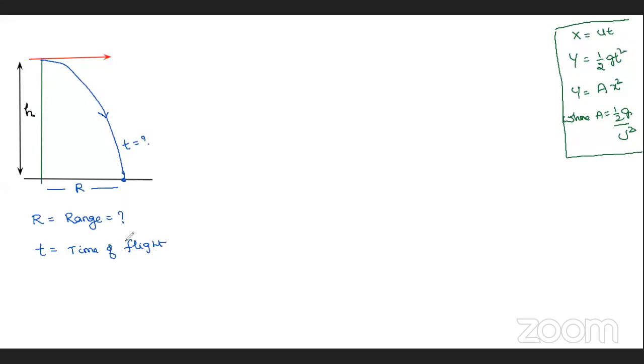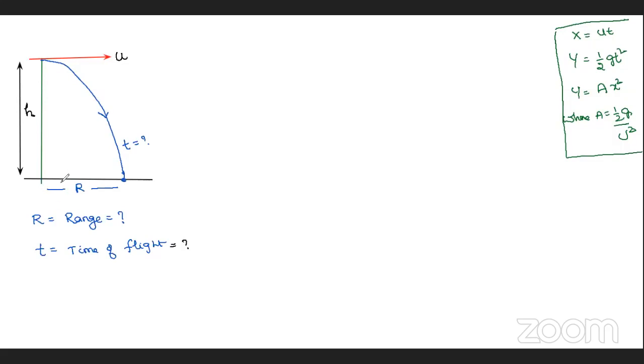There are no numerical values now. Time of flight equals how much? Take the initial velocity as u. No problem, simple, Nana. Nothing to worry about here.